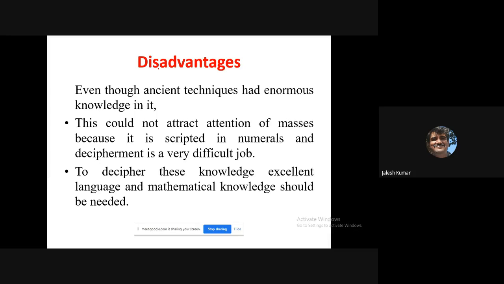And in that era, these scripted things definitely led to a problem. To decipher this knowledge, excellent language and mathematical knowledge is very much needed, as you can't separate cryptography from mathematics most of the time. Until this public key crypto system was there, it was thought that mathematics is a part of cryptography.